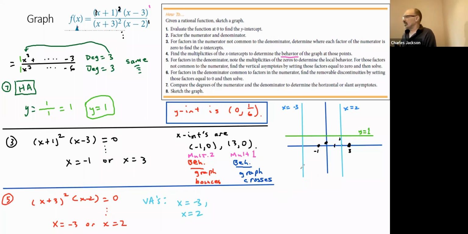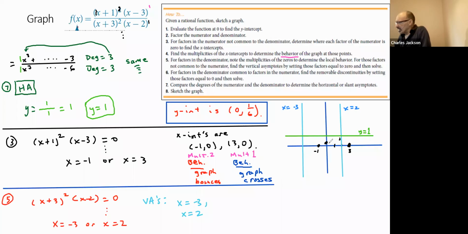Now, to do that, we would want a point over here on the left. And we would want a point in this interval between -3 and -1.